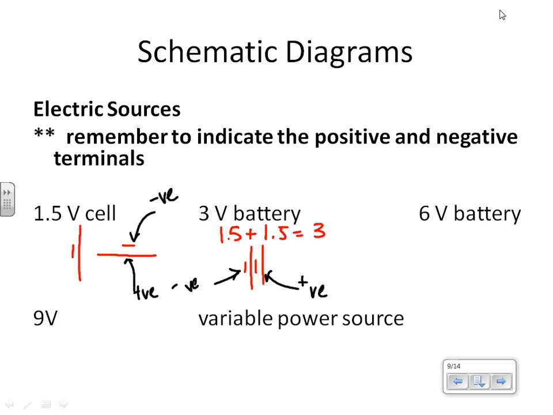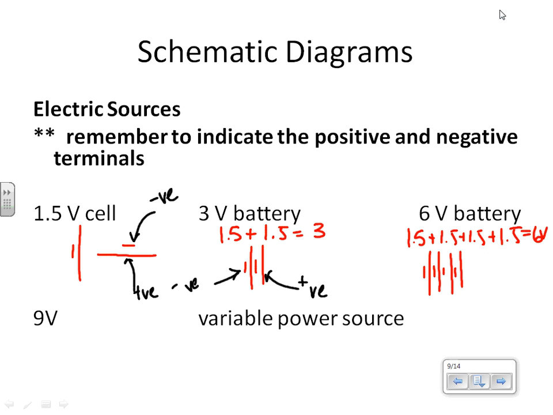Okay, so now can you draw a 6-volt battery? Well, a 6-volt battery has to be 1.5 plus 1.5 plus 1.5 plus 1.5, and that gives you your 6 volts. So I have to basically draw 4 of those cells back to back. So here's 1, 2, 3, 4. That gives me a 6-volt battery.